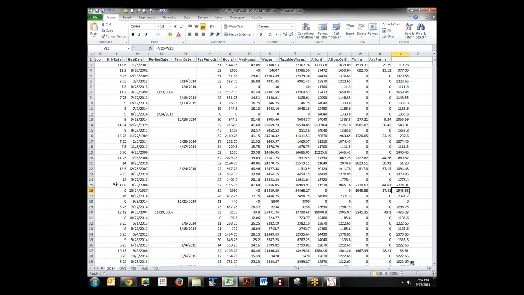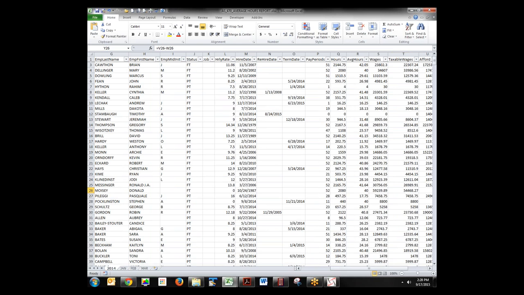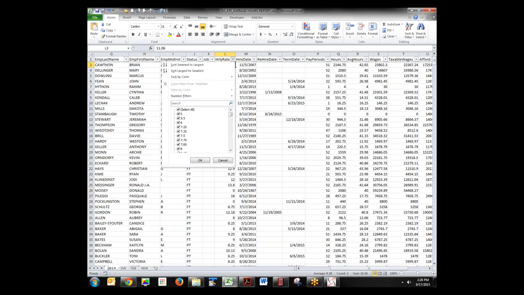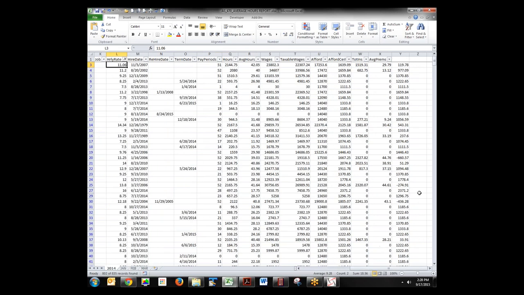Now, we also have to filter out my salaried employees. I can do that very quickly by taking out anyone whose hourly rate is 0. You can see that there are some employees here that, for whatever reason, have really high health insurance.